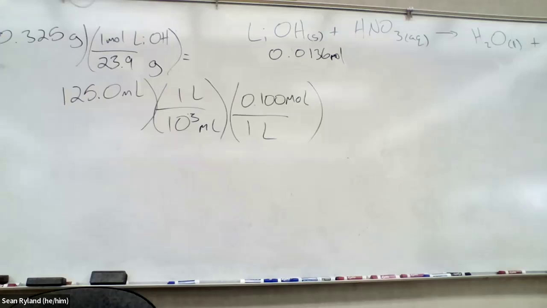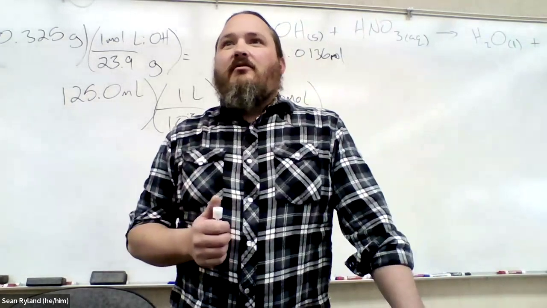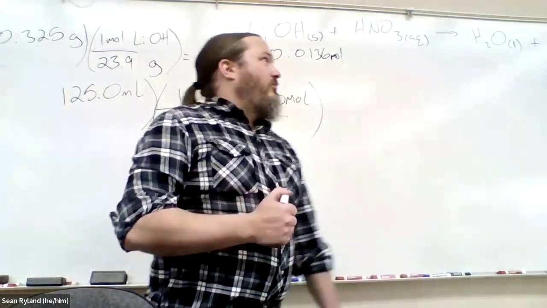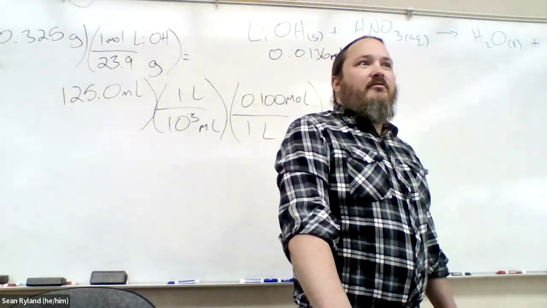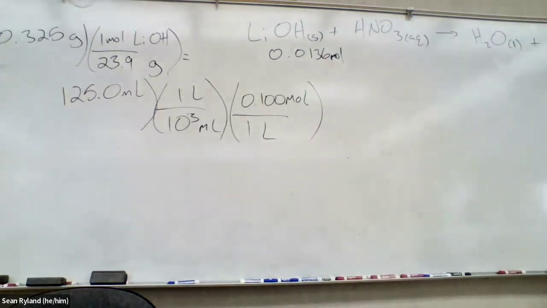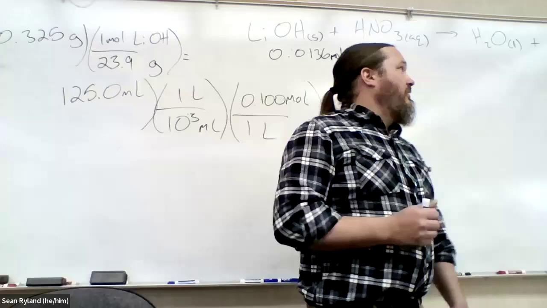Just as a quick aside, what's the pH of the nitric acid solution before the reaction? Concentration of nitric acid is 0.1. What's your pH? What's log of 0.1? Anything that's an even power of 10 in terms of its concentration is going to give you a whole number for the pH, because that's how logs work, right?